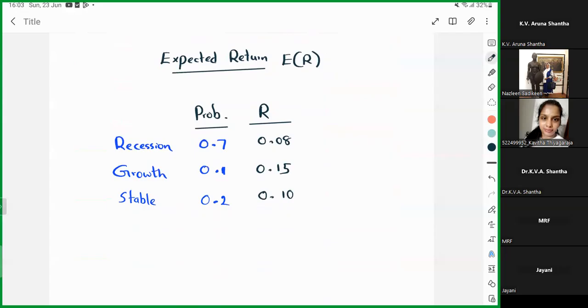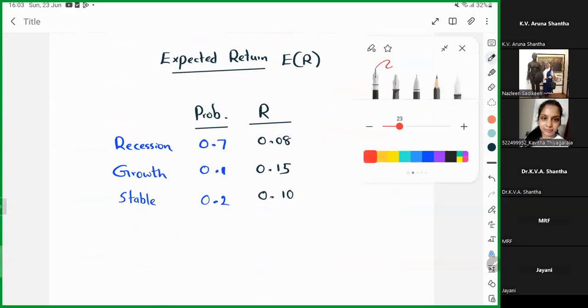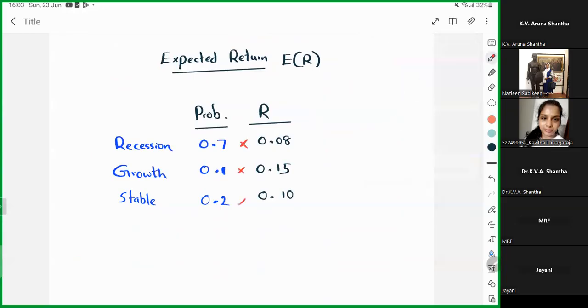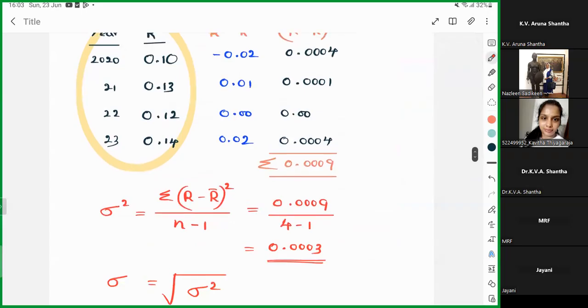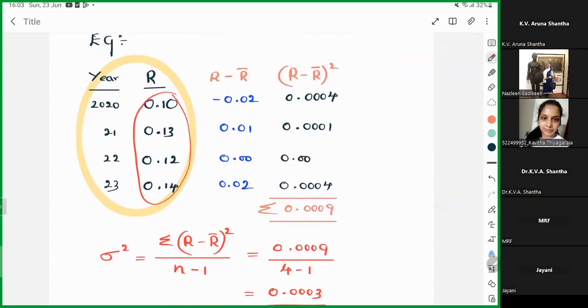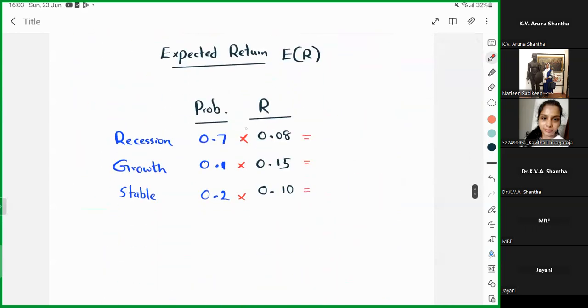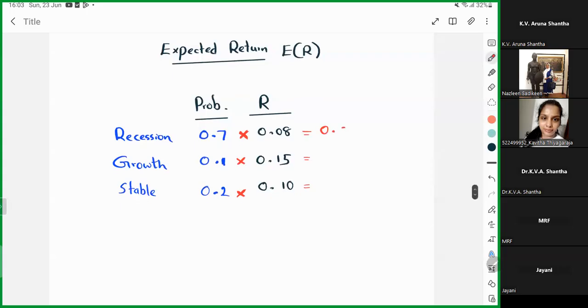Now, how do you get the expected return? Each rate of return is multiplied by the probability. Previously we calculated the average return: the total of the returns divided by the number of years. But here we get the expected return. So 0.7 into 8%, how much? 0.056.